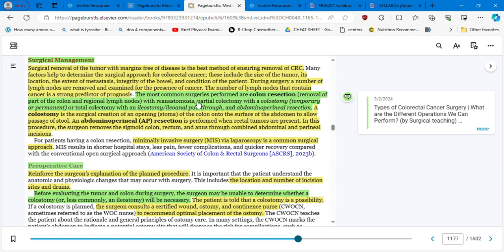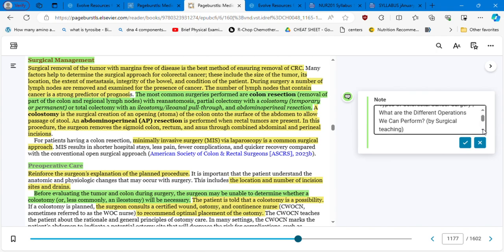Then we have partial colectomy with a colostomy, temporary or permanent, and then we have total colectomy with an ileostomy, ileoanal pull through, and abdominoperineal resection. So for this, I selected a video so we can understand much better. Okay, it's always good to watch a video for better understanding.